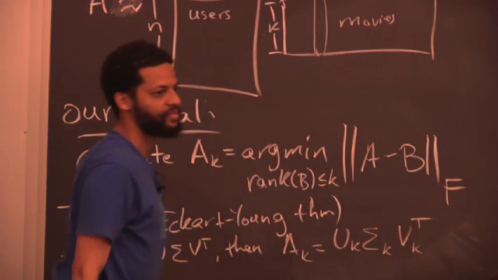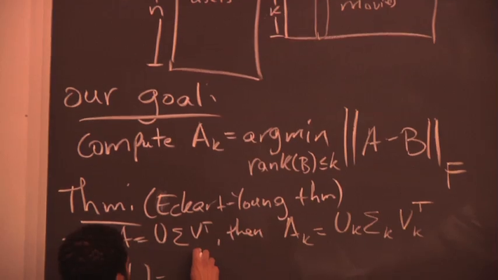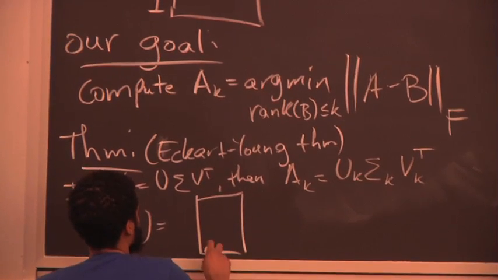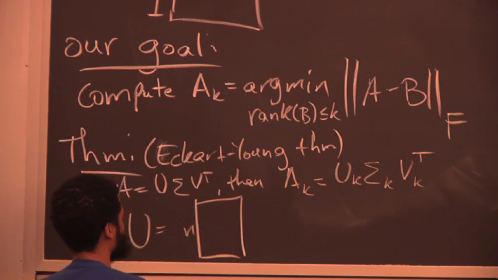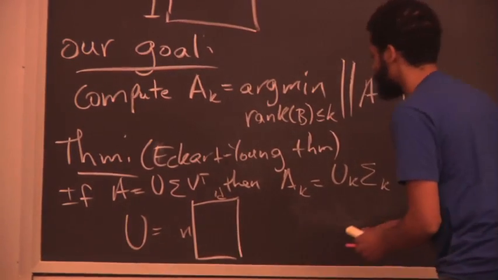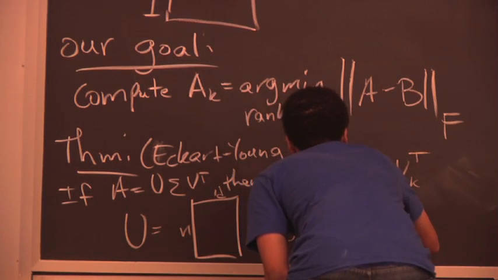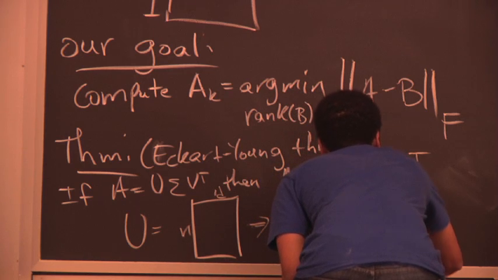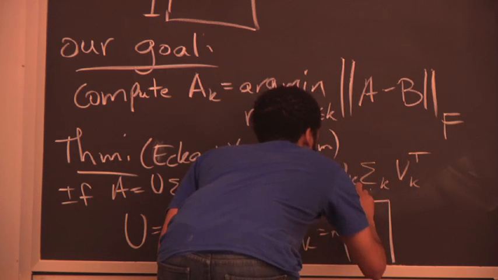What does that mean? What I mean by that is if U is this matrix, let's say n by d, then U_k is equal to this matrix, n by d, but basically only keep the first k columns.